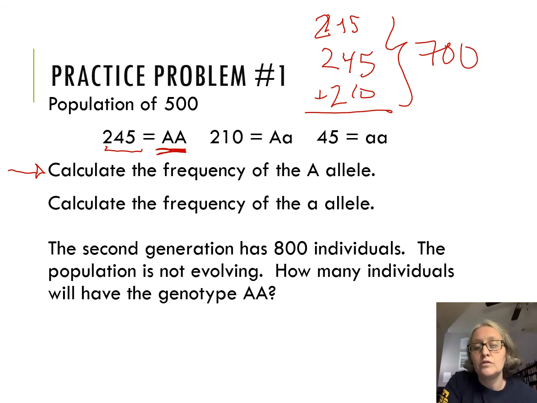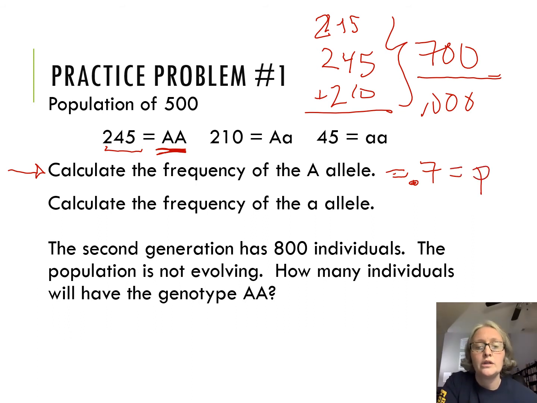As I look at these individuals, I now need to divide it by the total number of alleles. The total number of alleles can be figured out by taking the number of individuals and multiplying it by 2. So 245 plus 210 plus 45 equals 500, times 2 equals 1,000. There are 1,000 total alleles. So 700 divided by 1,000 equals 0.7.